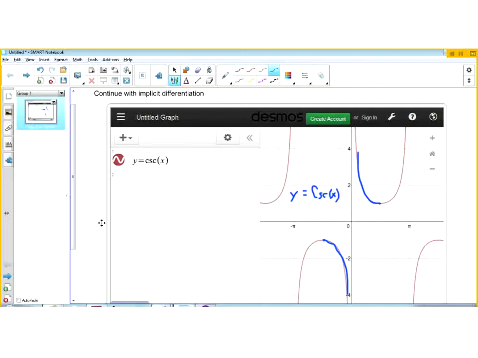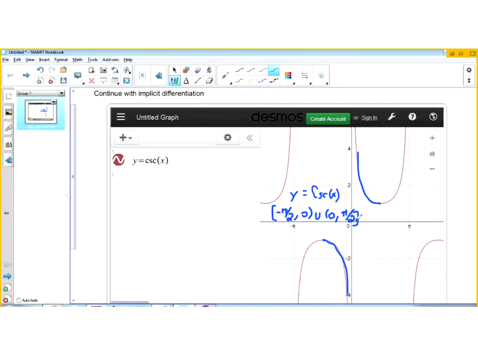And so the domain of the principal part would be negative pi halves to 0, exclusive, union 0 to pi halves.